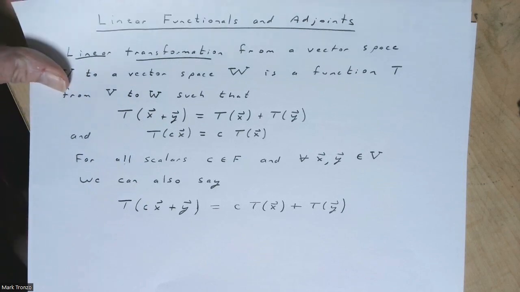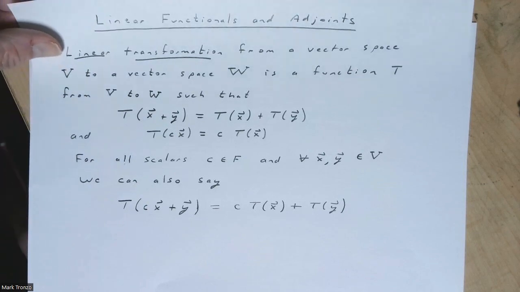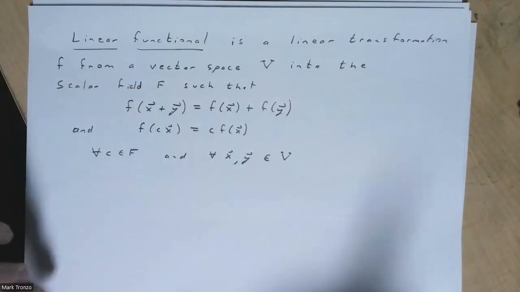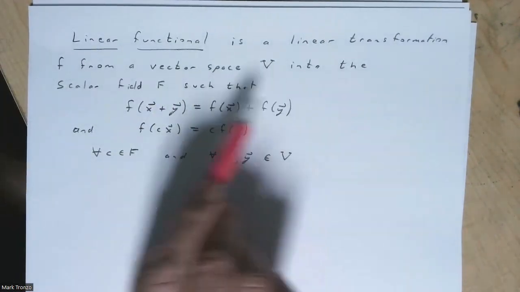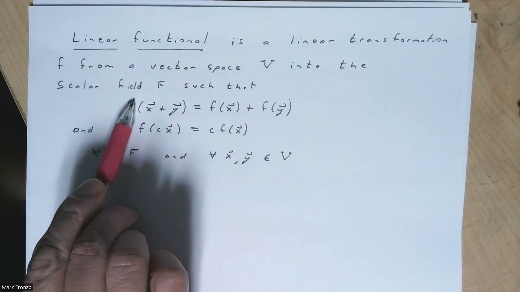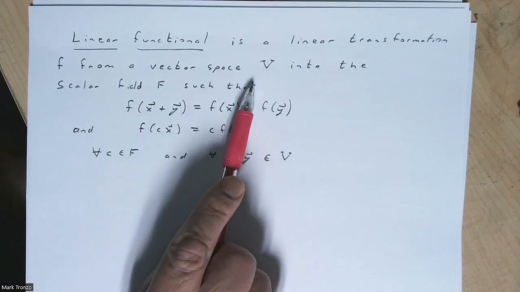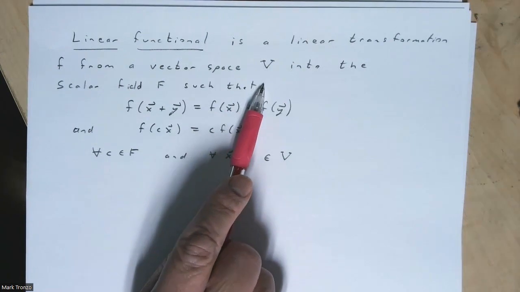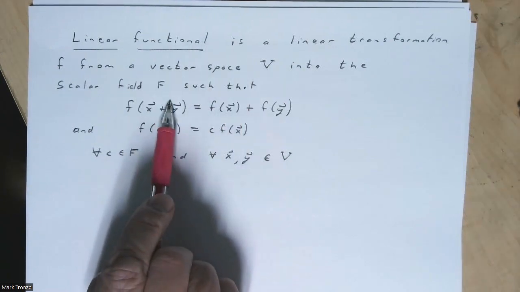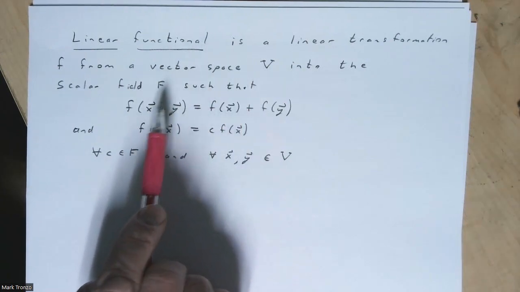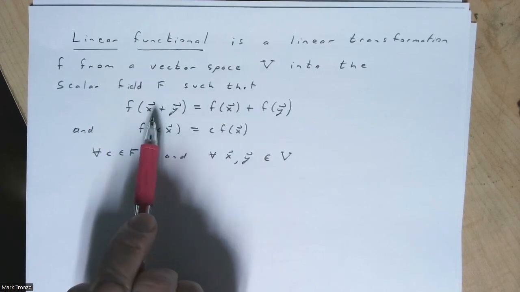Now, a linear functional is a specific type of linear transformation. A linear functional goes from the vector space V into a scalar field. In other words, you put in a vector and you get out a scalar.